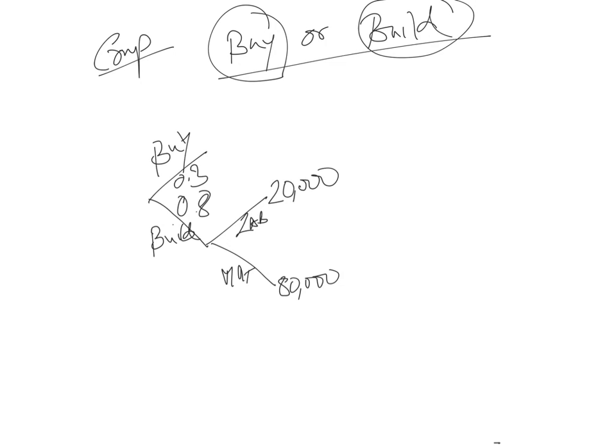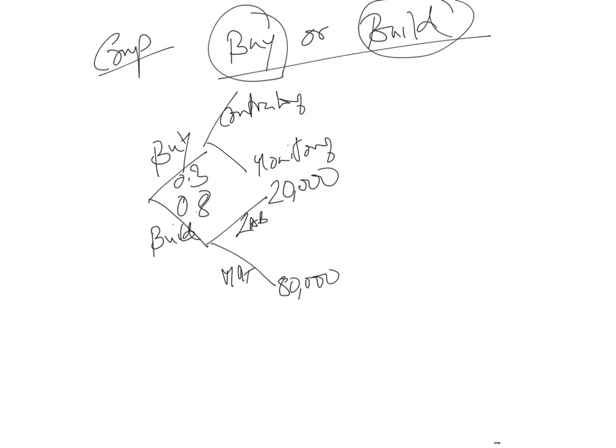So suppose if you want to buy it, you have two other costs: the cost of contracting, and then the cost of monitoring the contract.